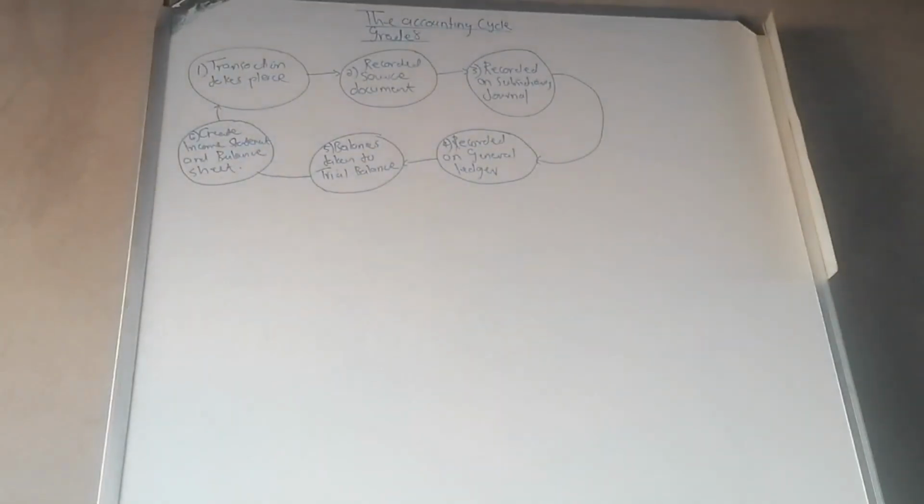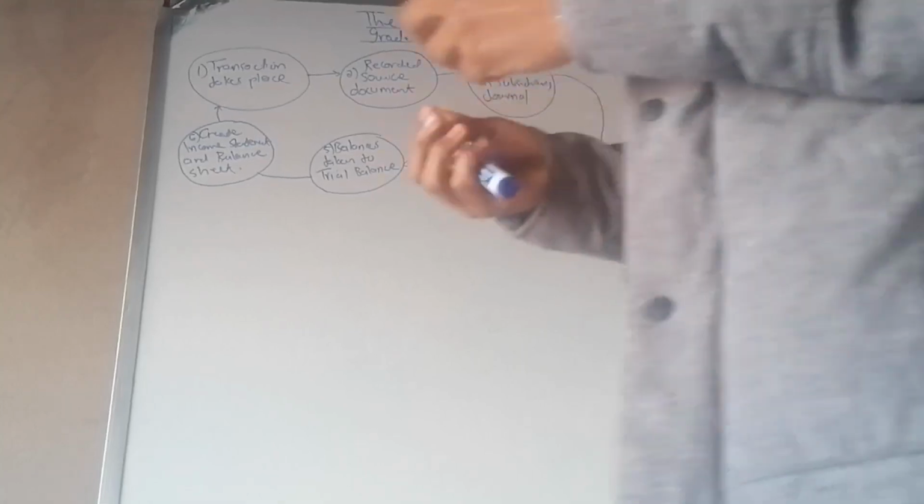This is the accounting cycle, and it is of utmost importance that we understand and familiarize ourselves with it. Highly important that we understand the cycle of how money is recorded.